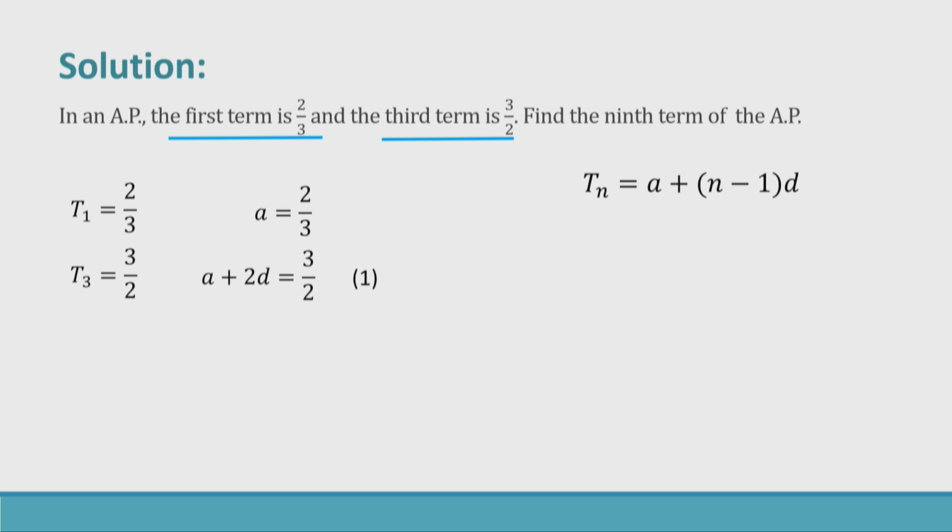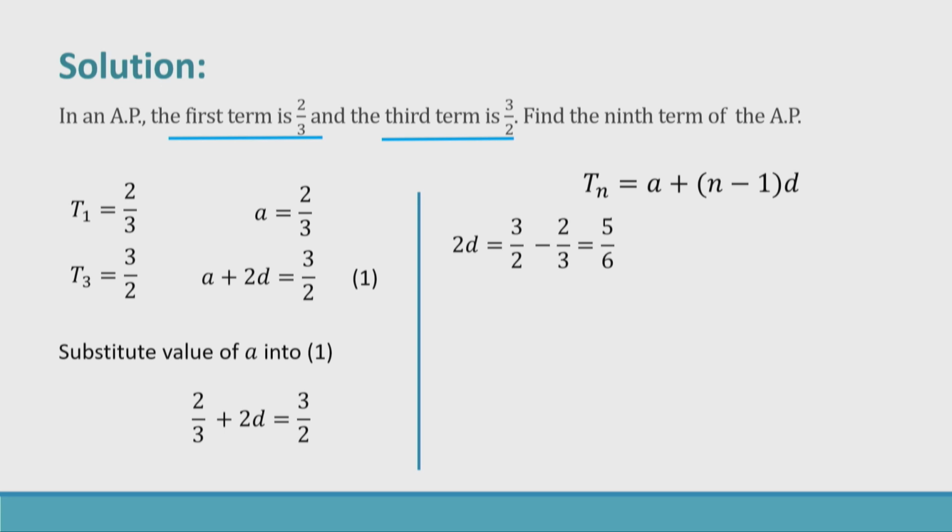I replace the value of a into equation 1. 2/3 plus 2d equal to 3/2. So 2d will give me 5/6 and d will be equal to 5/12.